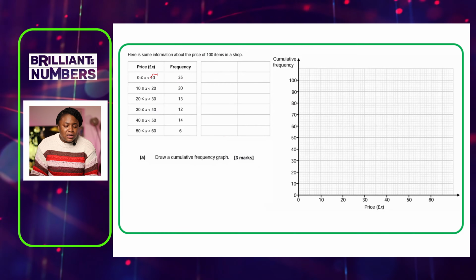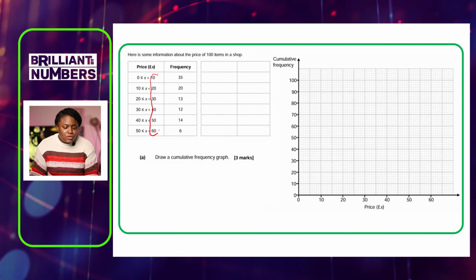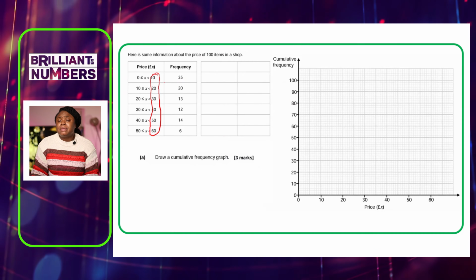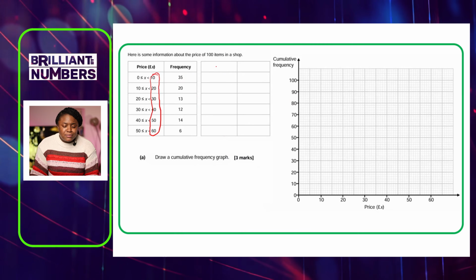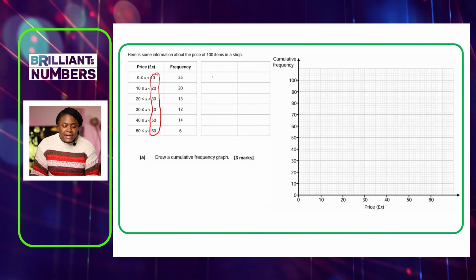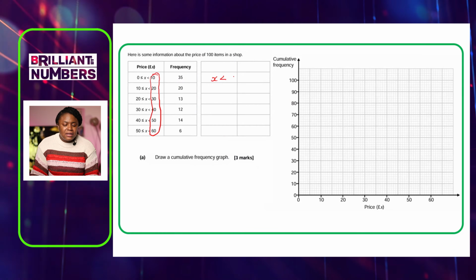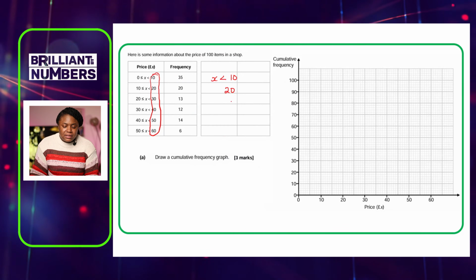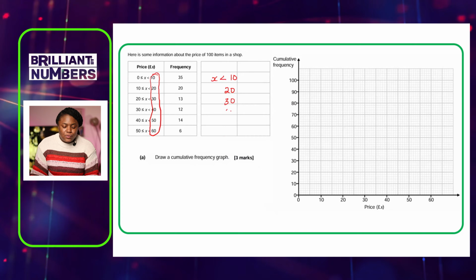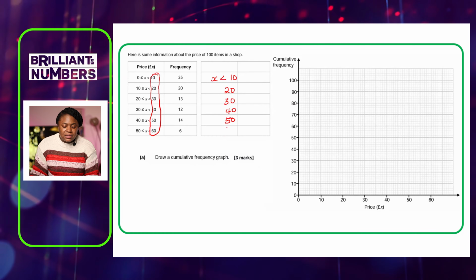I'm just going to circle them in the interest of time. So these are the values we are going to be plotting against the cumulative frequency. In this column is the value that I will write. So we need the value x is 10. I'm just going to write the rest in this form: 30, 40, 50, and 60.